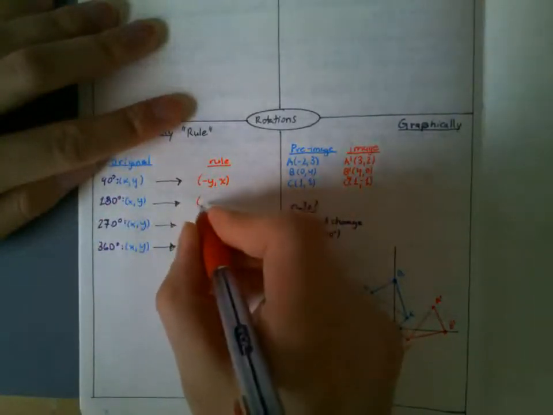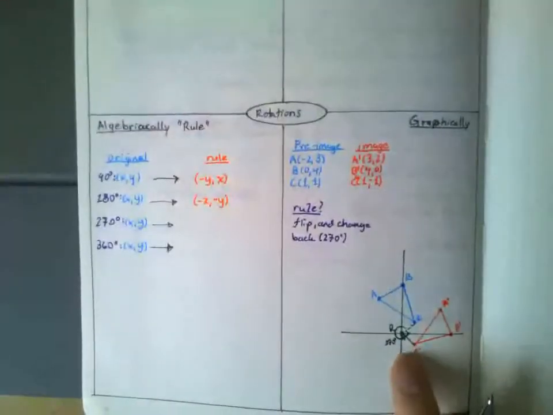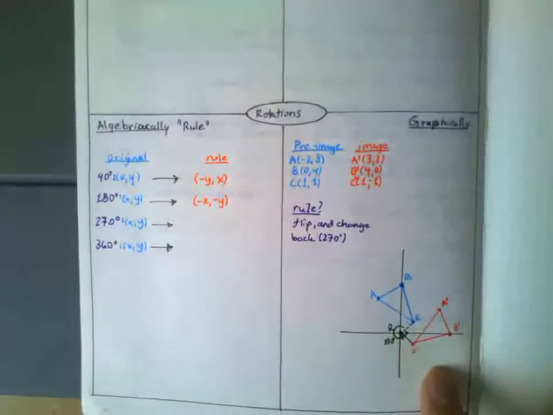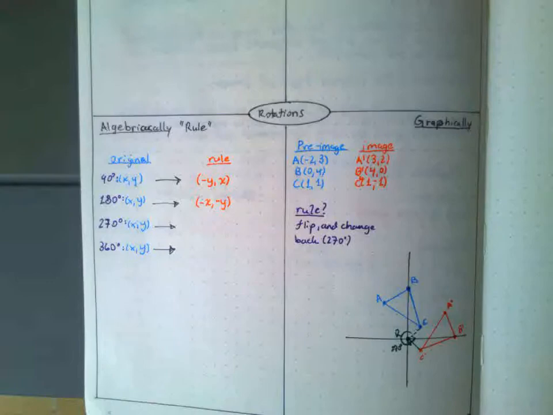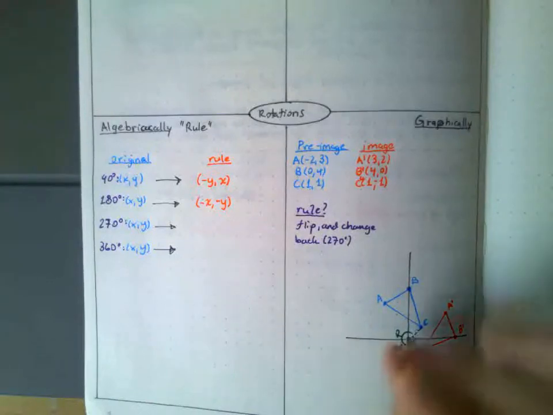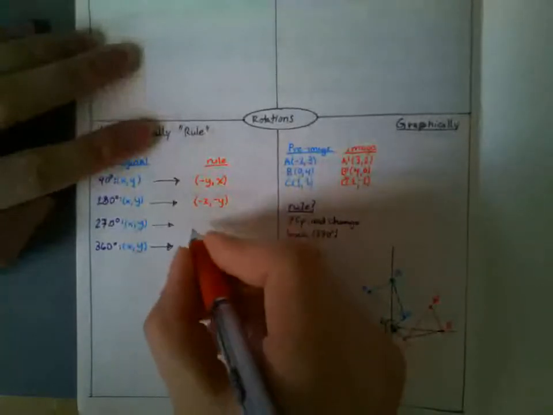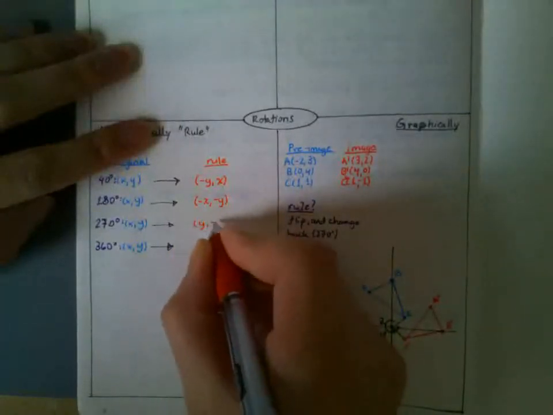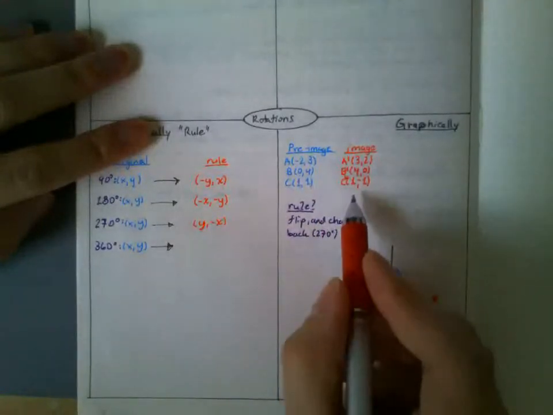For the next one, we basically just flip the terms, which makes sense. If I were to rotate this 180 degrees, it's going to end up in the opposite location where it is. This is not a perfect reflection, though. I like to refer to 180 degrees as the discount reflection. Okay? 270 degrees, it would then be y, negative x, our flip and then change back.